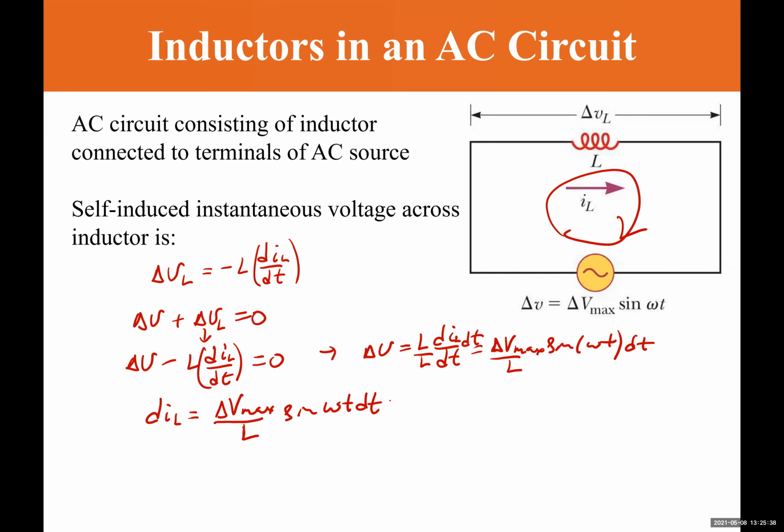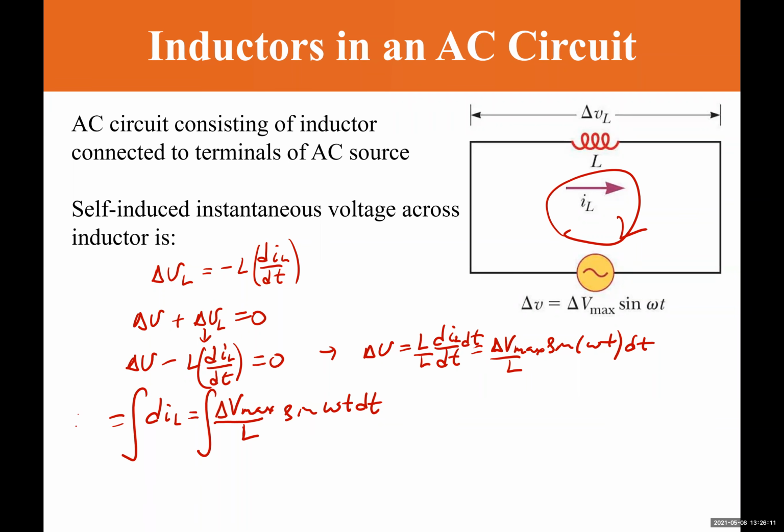Remember, our goal was to derive the equation for the current. For the resistor circuit it was very simple: delta V equals I times R, so I equals delta V max sine omega t divided by the resistance. But in this case, this is going to be an integral form, so to get the current we have to integrate both sides.